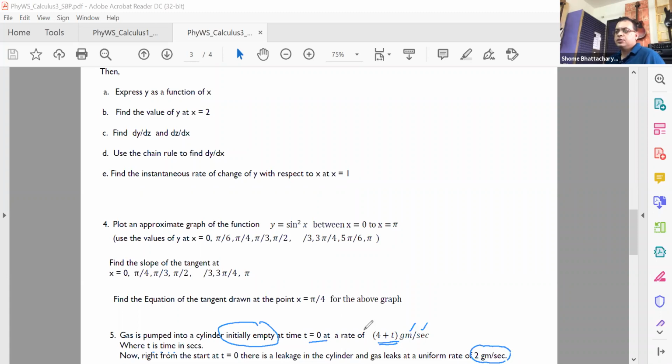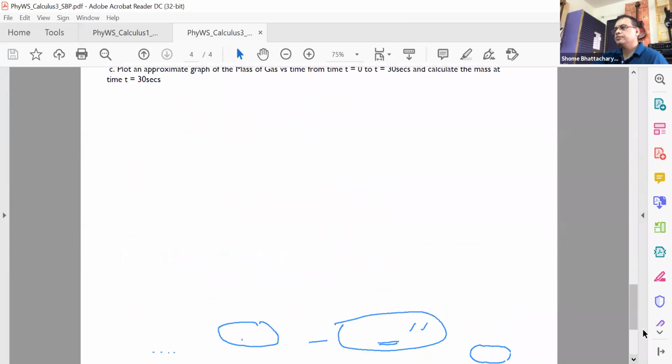So all this information has to be used. So let's see how we can make use of all this information to solve the various things here.